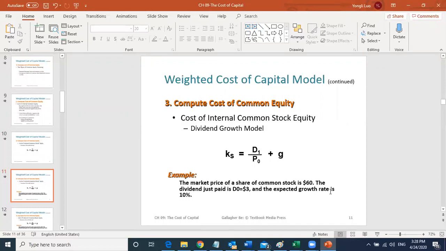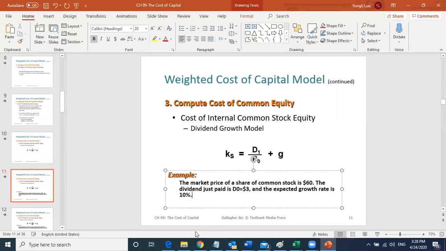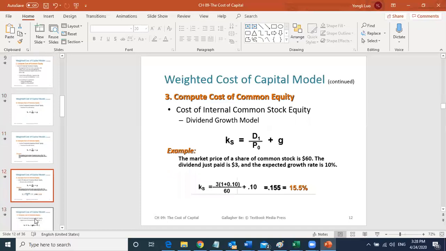The expected growth rate is 10%. So the first step is to find D1, which is D0 times 1 plus G%.